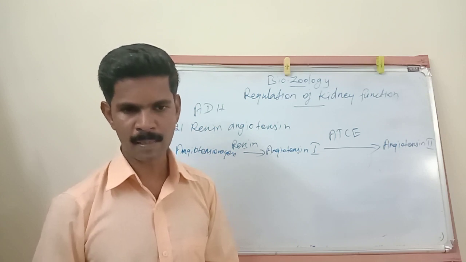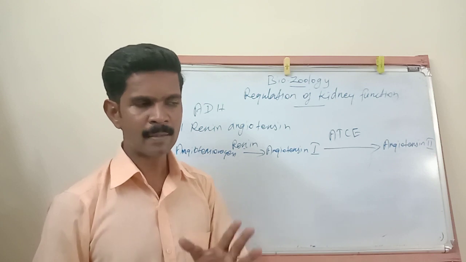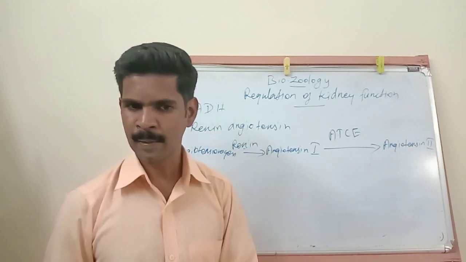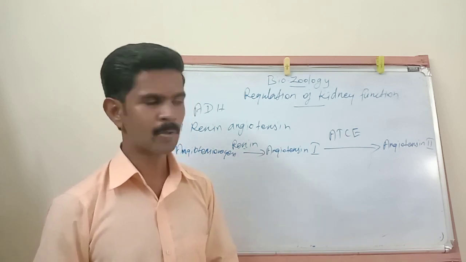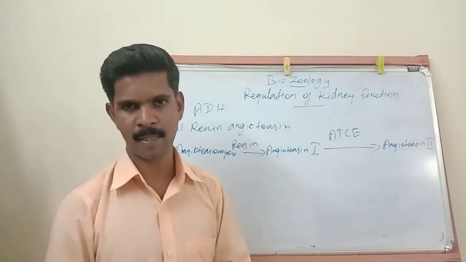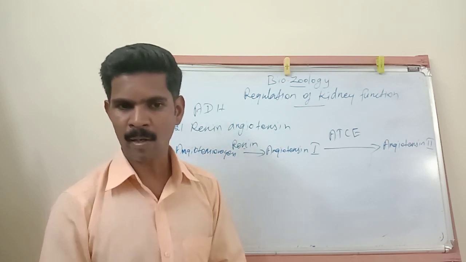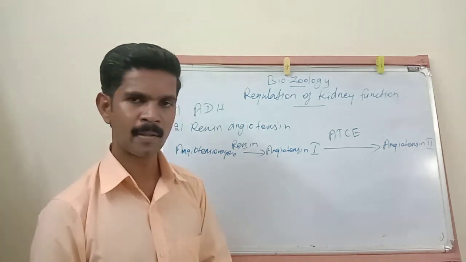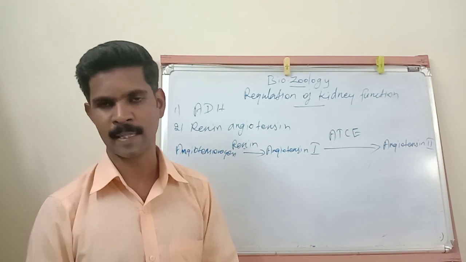Then, when this angiotensin 2 is formed, the adrenal cortex is immediately stimulated. So this angiotensin 2 stimulates the adrenal cortex, and it also acts on the heart and kidney.